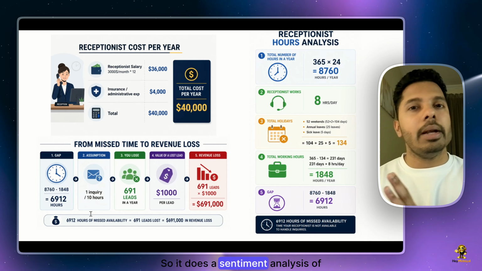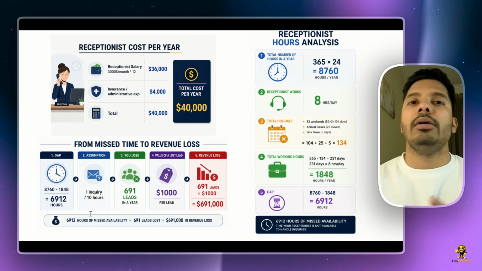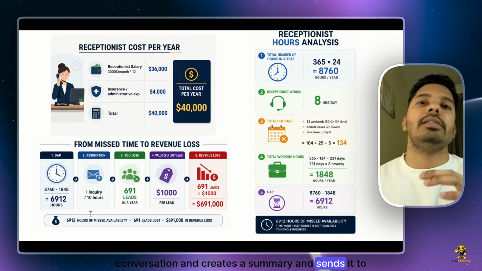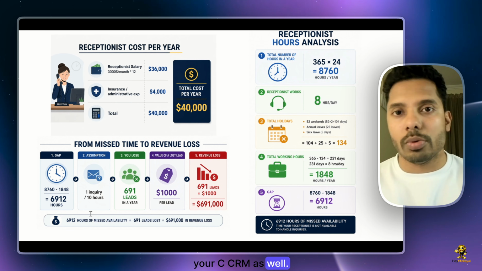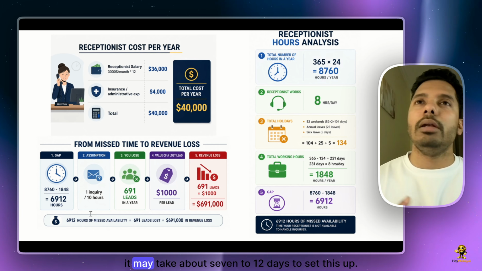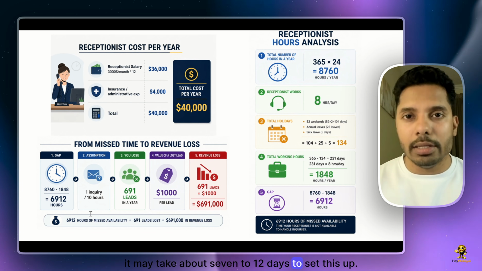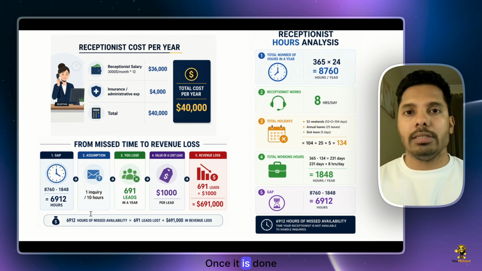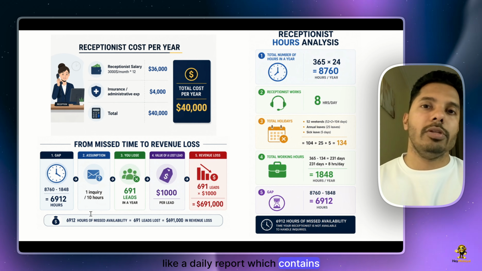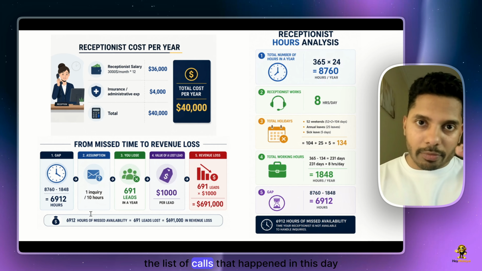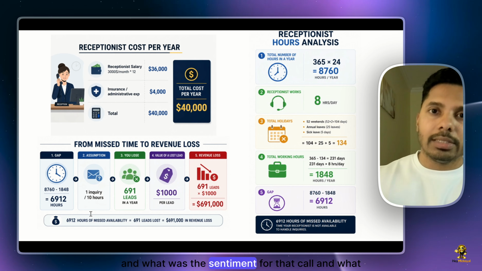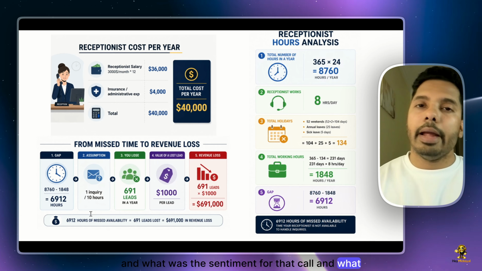It does a sentiment analysis of the whole conversation, creates a summary, and sends it to your CRM as well. Once this integration is done, which may take about 7 to 12 days to set up, you will get a daily report containing the list of calls that happened that day, the sentiment for each call, and the summary of each call.